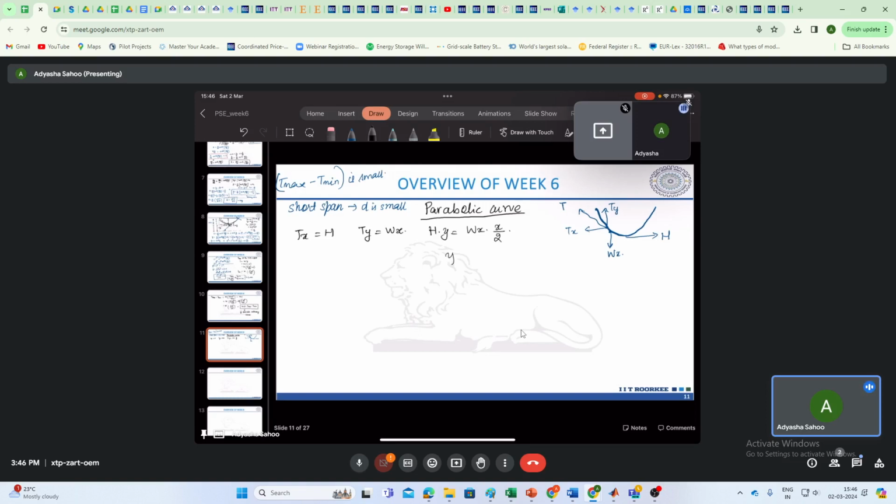So from here I'll get y as Wx squared by 2H, and here we consider T max minus T min small, so basically they don't have any difference. So H at this point is equal to T.